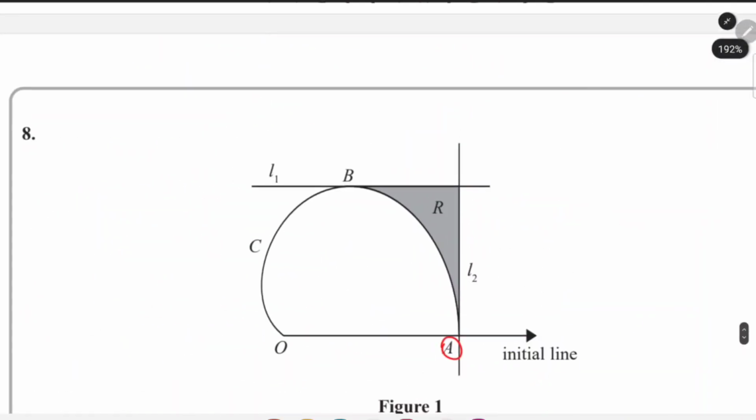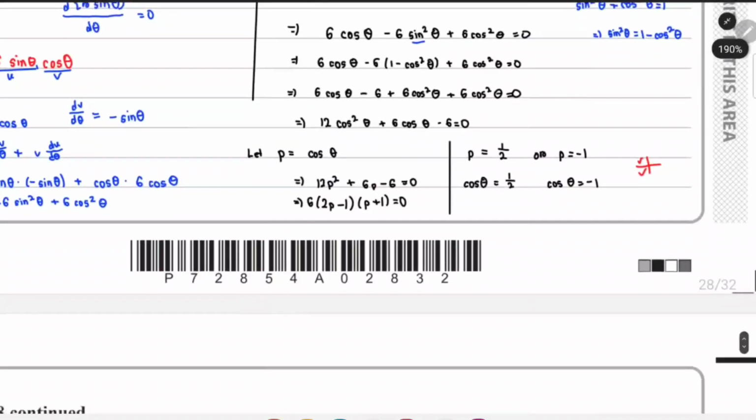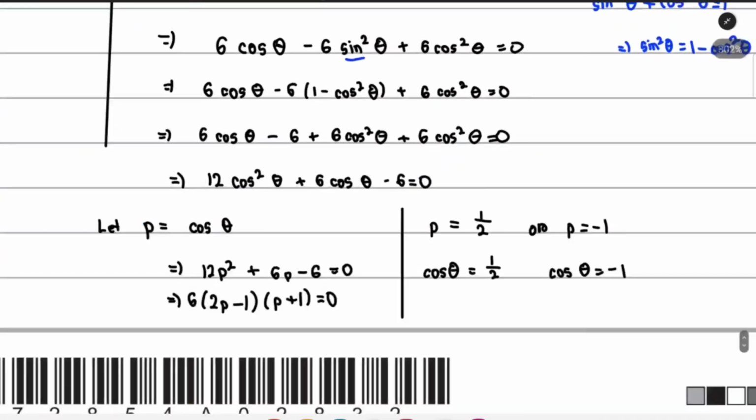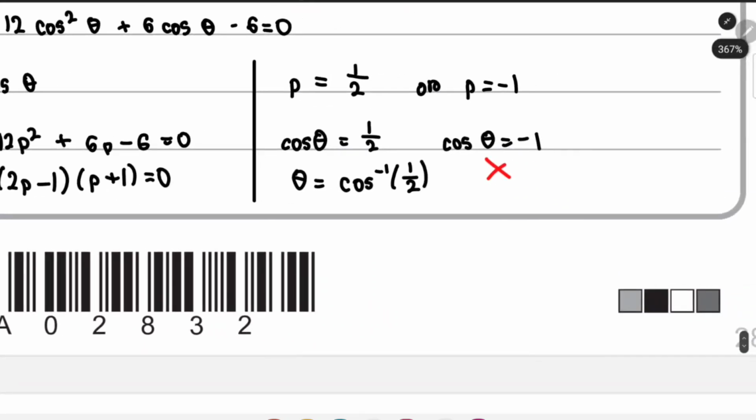If we look over here, this angle is less than pi by 2, or less than 90 degrees. So we don't need this one, and we'll just find the value of theta from here. This is cos inverse half, and you want to find the answer in radians. This comes out to be pi by 3.